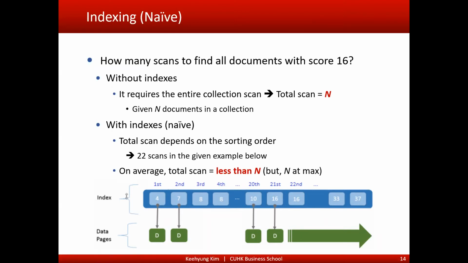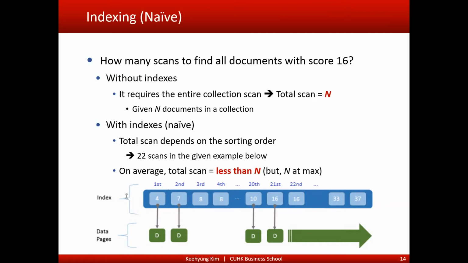So we go to the next document, and we go until we find the age 16 on the 21st position. On the 21st document, we find that the age is 16, so we retrieve that information and show it to the user. We go to the next document, the 22nd, and it's also 16, so we show that document. Then we go to the 23rd, and let's say the age is bigger than 16. Then we stop there. We don't need to scan anymore because the list is sorted based on age.